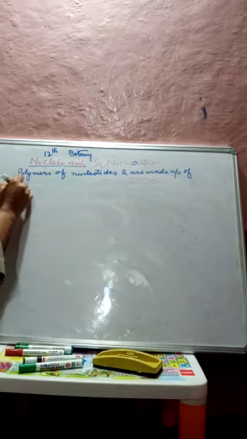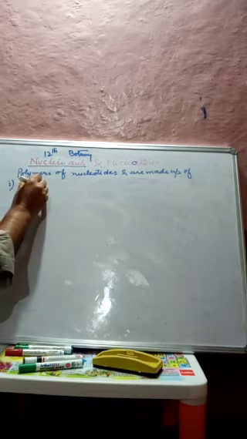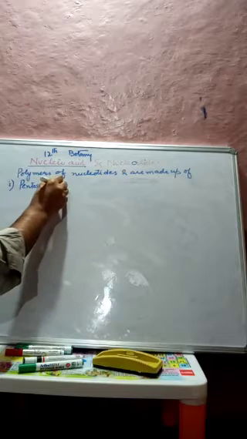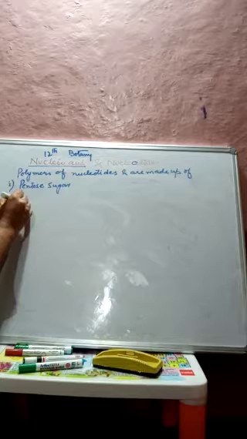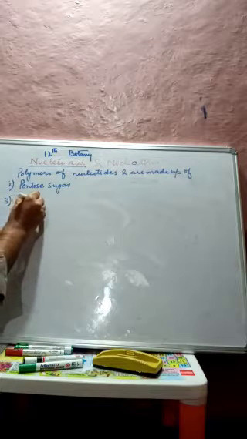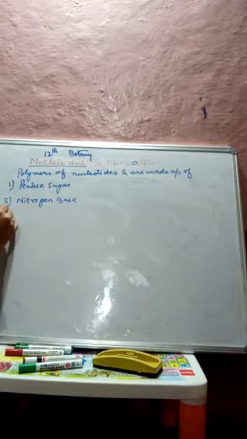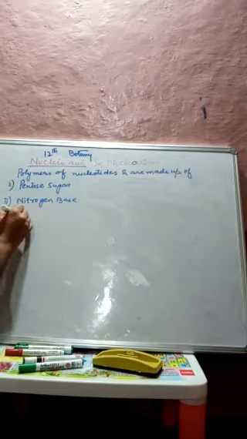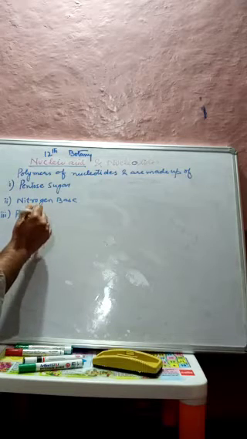Number first, what we call pentose sugar, which has 5 carbon atoms. Number second, nitrogen base. And number third, we have phosphoric acid, or phosphate group.